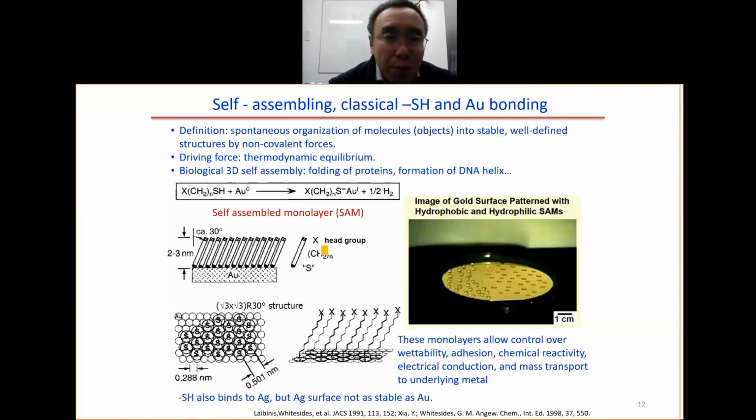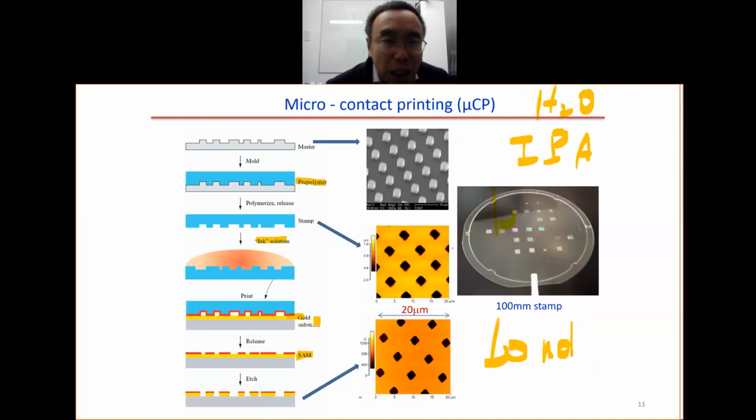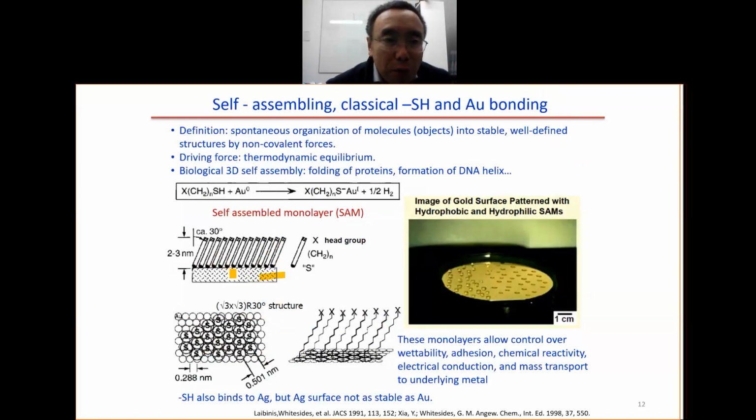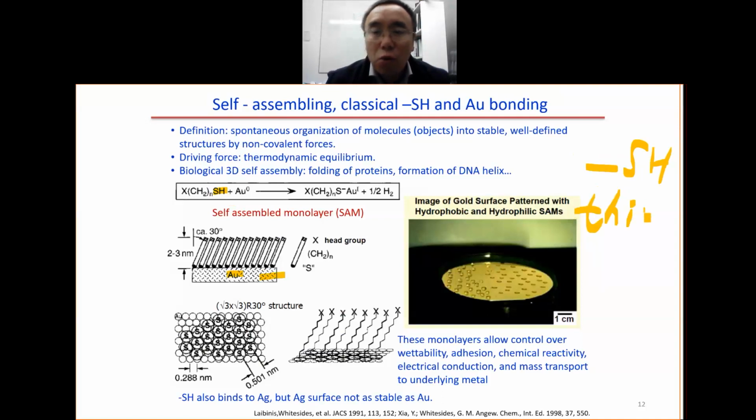For example, for gold, we can use this SH group. This is called the thiol group. We have this onto the gold, and the sulfur will bond with the gold, and the hydrogen will be released.